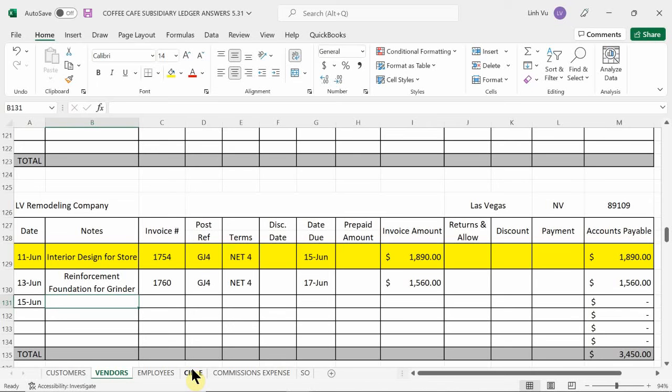That we made a payment with the check number 1515, and it's for the invoice 1754, and then it's in journal 5. And then is it necessary that we copy the term? You don't have to. Okay, and then the invoice amount was 1890.